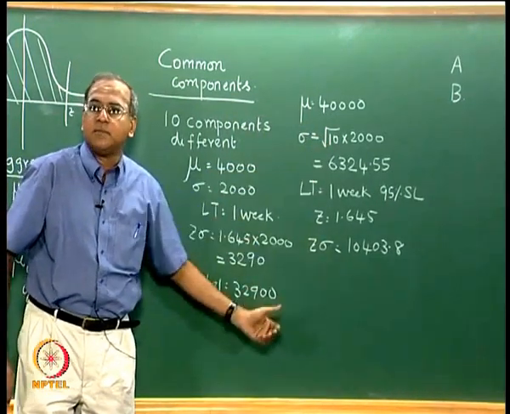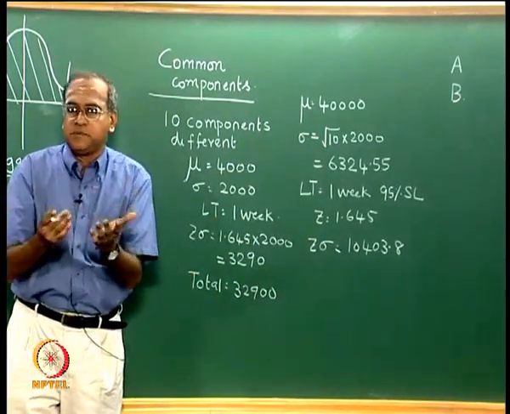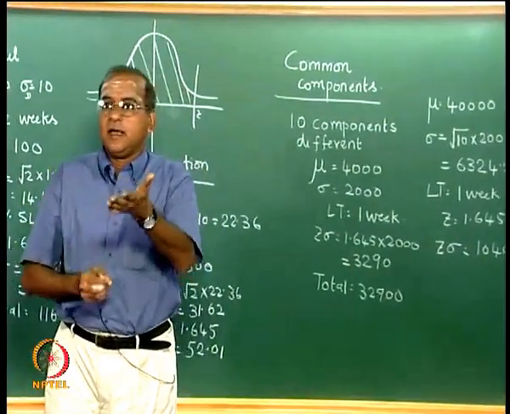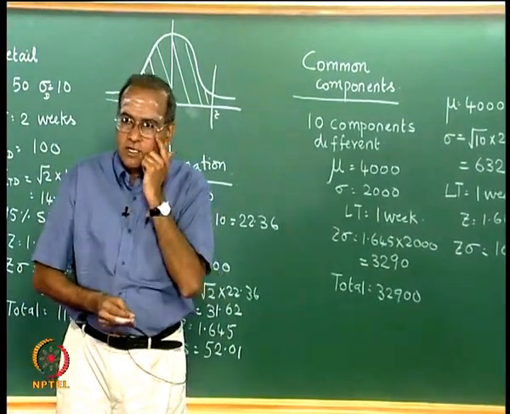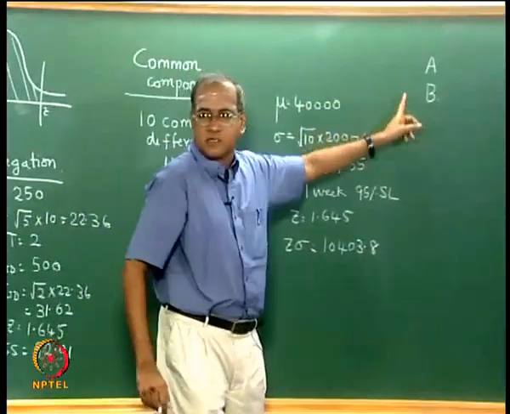The safety stock will come down when we are able to substitute, which means we are aggregating the demand for A and B. But then we are not sure that A and B will have the same cost.